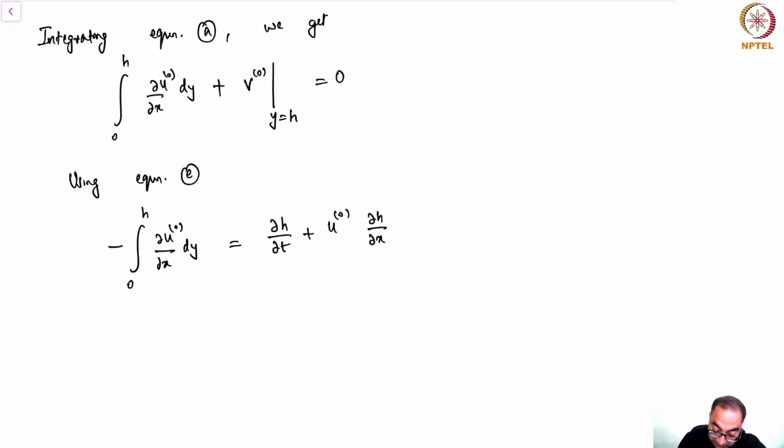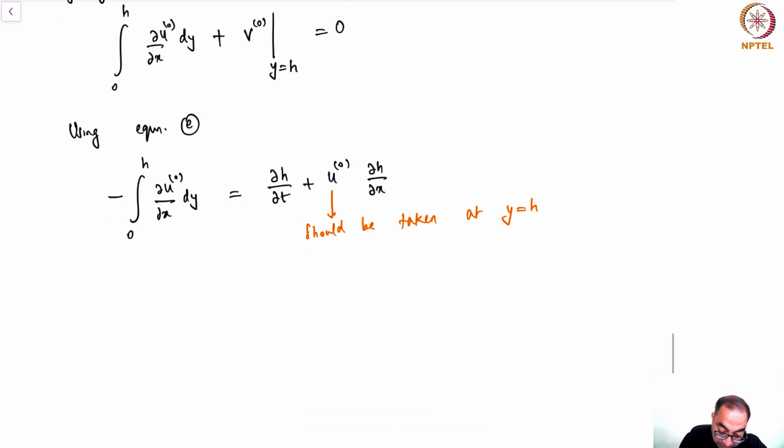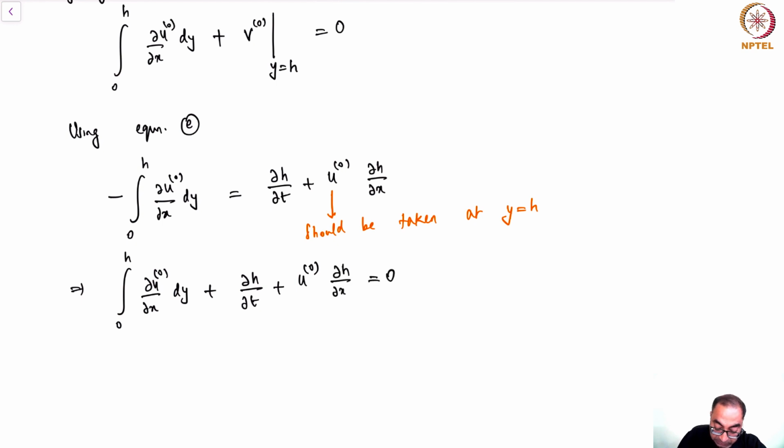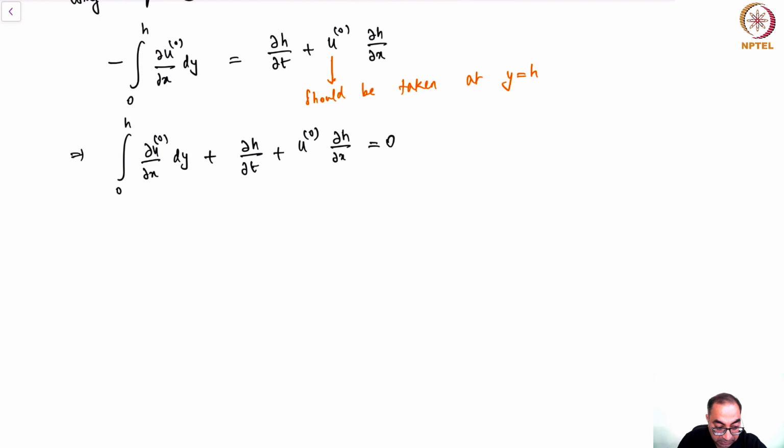Remember this u0 that we have to take should be taken at y equals h, right? So I can bring all of them to one side. I have the integral from 0 to h of ∂/∂x of u0 dy plus ∂h/∂t plus u0 ∂h/∂x. This is equal to 0, right?